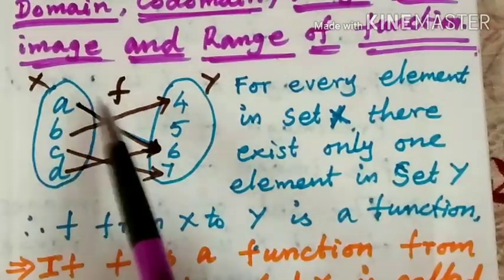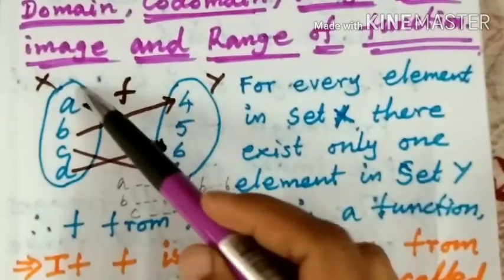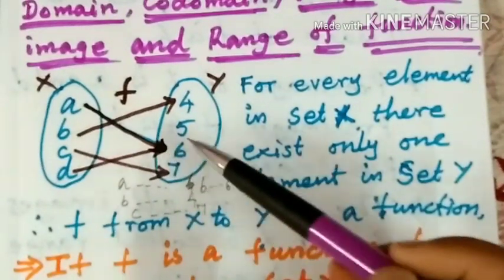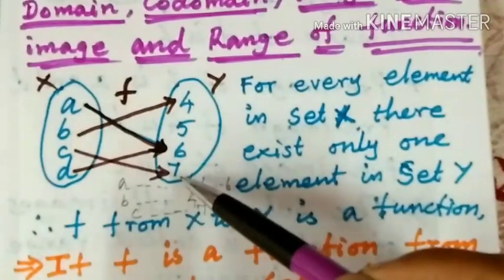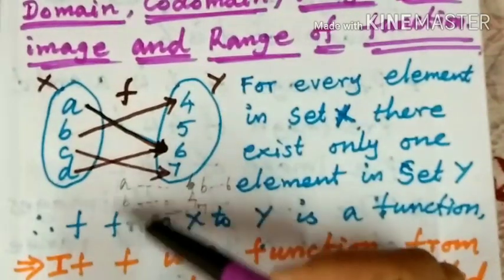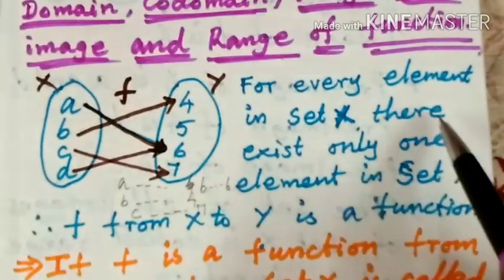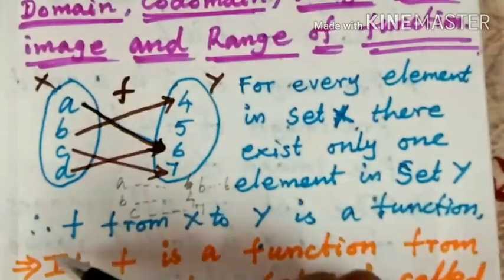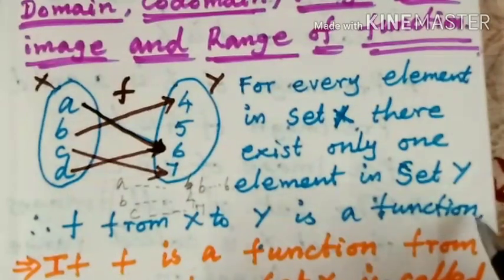The relation ordered pair f: a associated with 6, b associated with 4, c associated with 7 and d associated with 6. So for every element in set X, there exists only one element in set Y. Therefore, f from X to Y is a function.